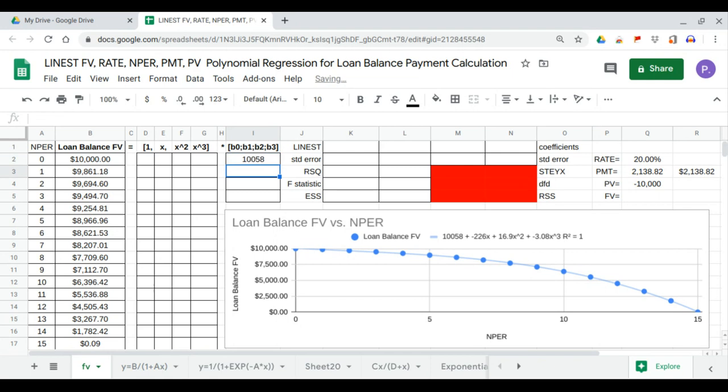Our B1 is minus 226. Our B2 is 16.9. Our B3 will be minus 3.08. These are the values, that's B0, B1, B2, and B3.